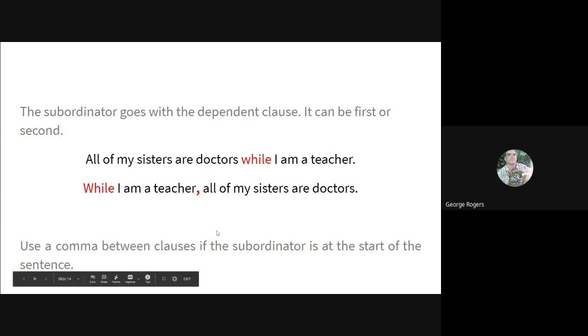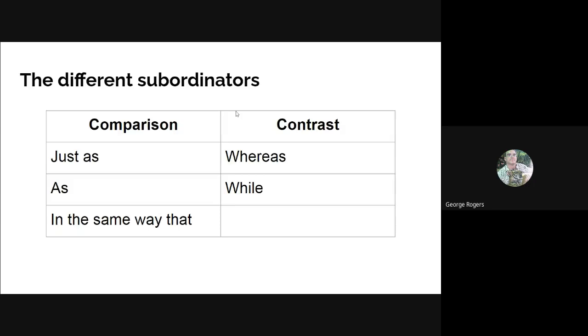So use a comma if the subordinator, this is the word, subordinator, is at the start of a sentence. Right, next. So here's a list of the subordinators we're working with right now. Notice on the contrasting side, we've got the two W's: whereas and while.